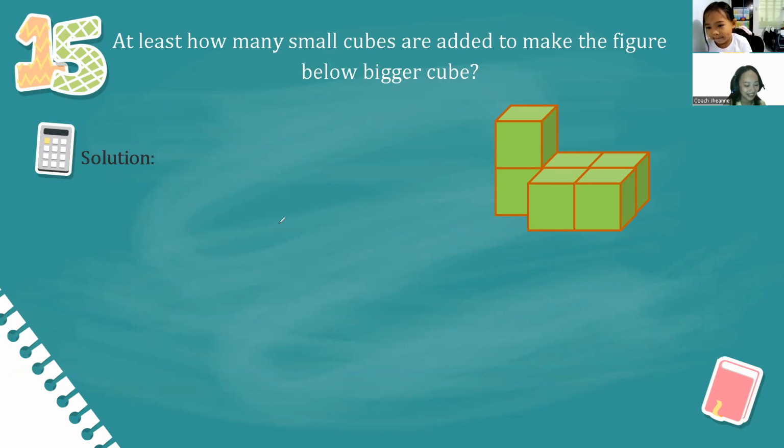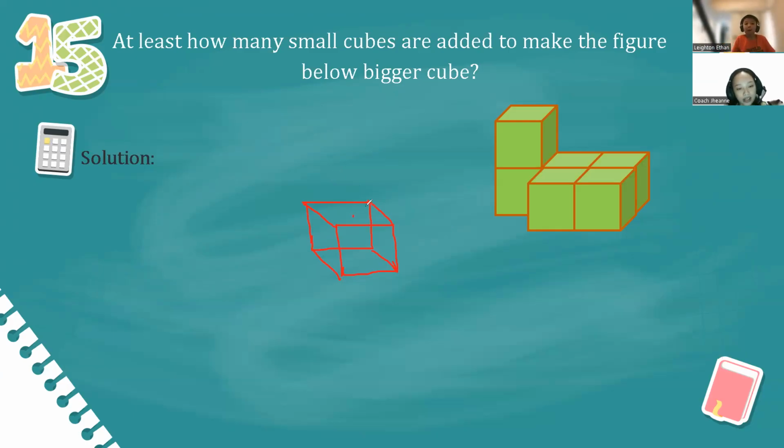So, just wait. A cube has, okay, let me draw a cube here. A cube has 6 square faces. Is that right?